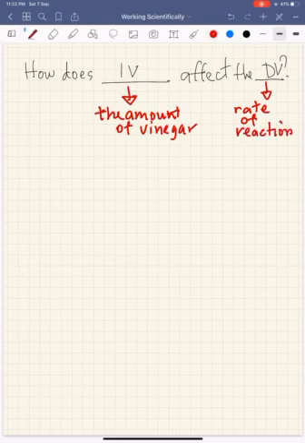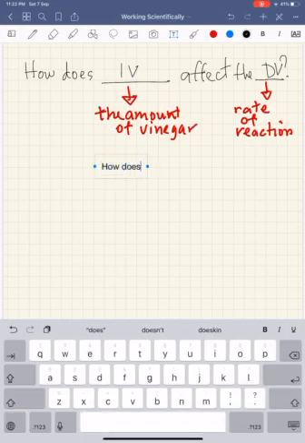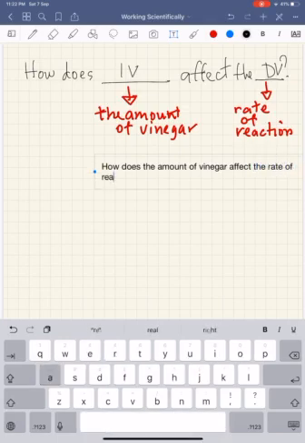That's it. Now let's write it properly. I'll even type it for you. How does the amount of vinegar affect the rate of reaction?